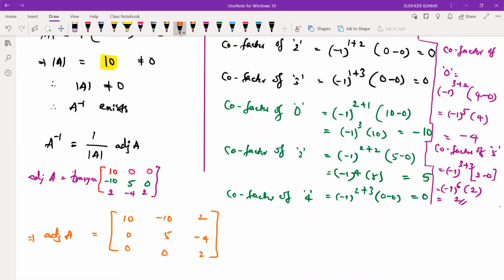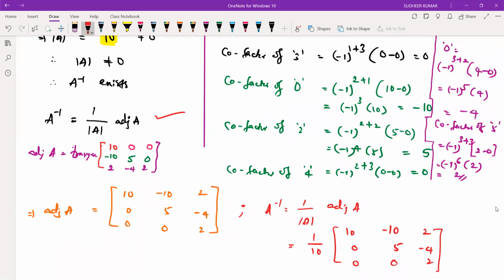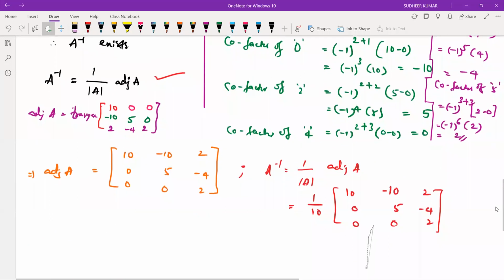Now we have to find A inverse. A inverse equals 1 by det A into adjoint A, as per the formula. So substitute in that. We know this is 1 by 10 into adjoint A. You follow the procedure, right?